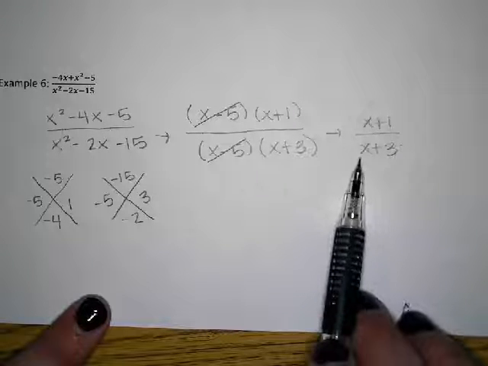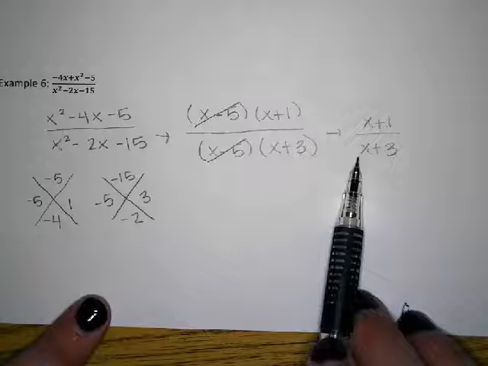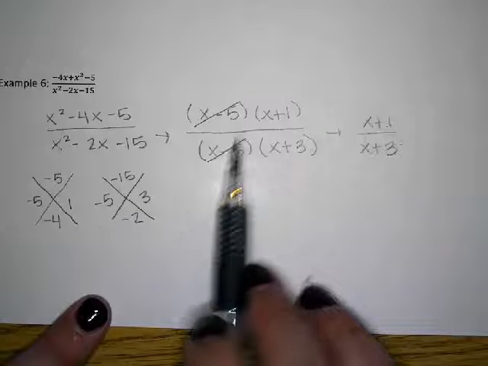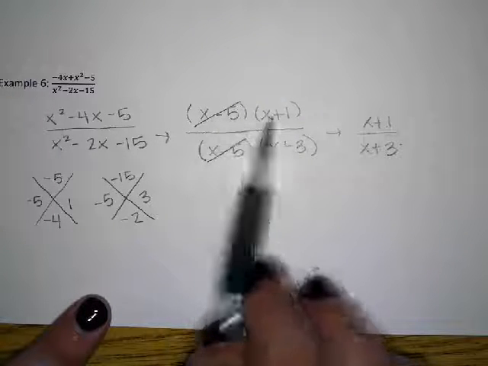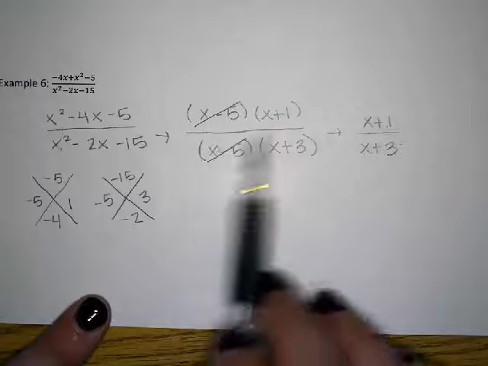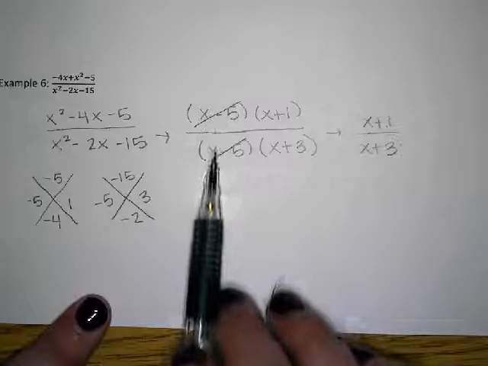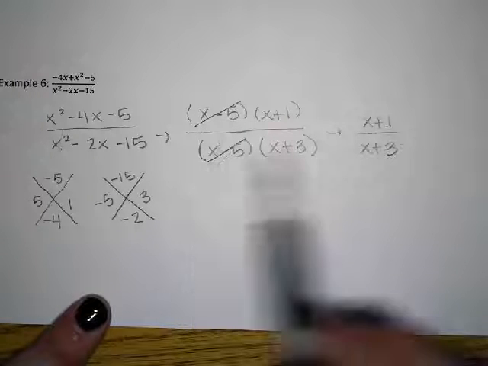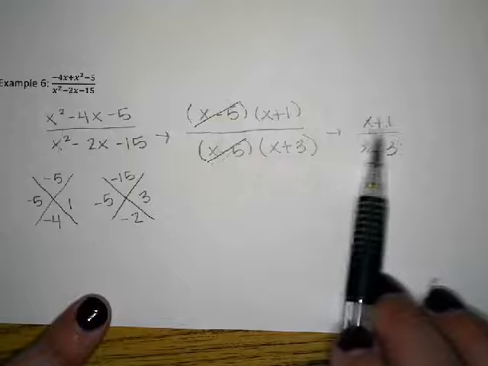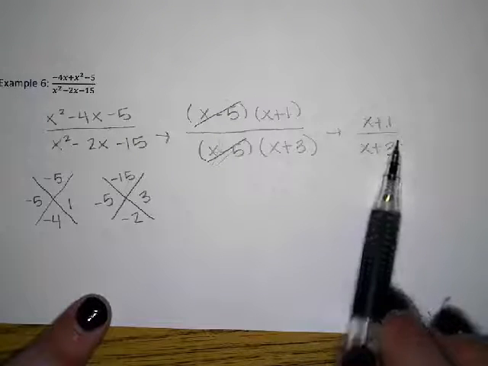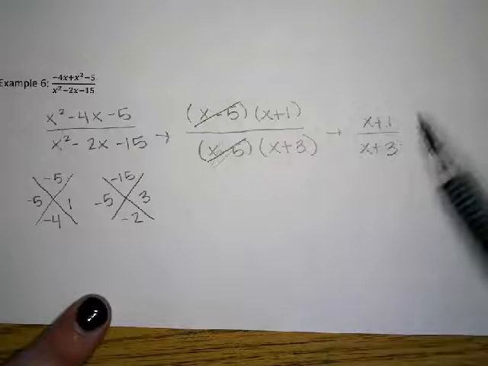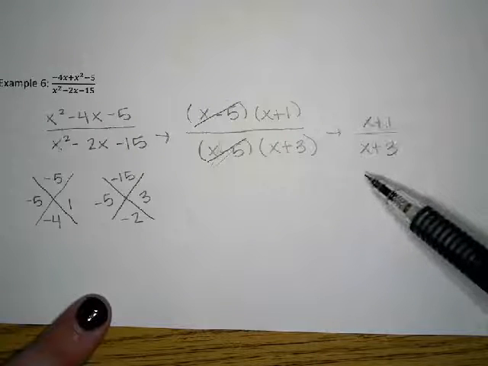Wait, so what's the difference between this one and the one we just did before? See how this times this is multiplication, and this is division, so I'm canceling multiplication and division. This is addition: x plus 1 divided by x plus 3. So addition and division do not cancel, and that's why I couldn't do it.